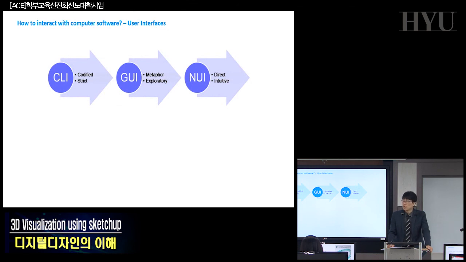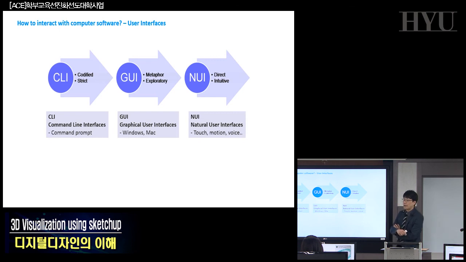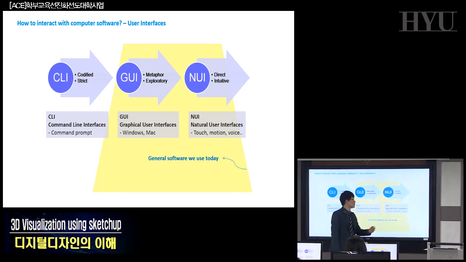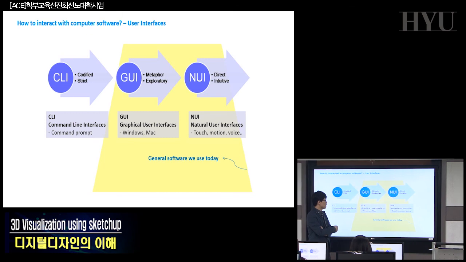We actually studied these revolving interfaces before, but let me show you this one again. CLI, GUI, NUI. General software we use today, probably you may use NUI more frequently than GUI-based Windows, because your smartphones, your tablets, that is very commonly and frequently used software interface today.